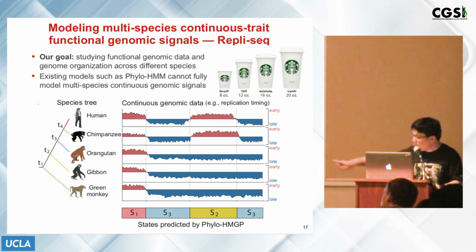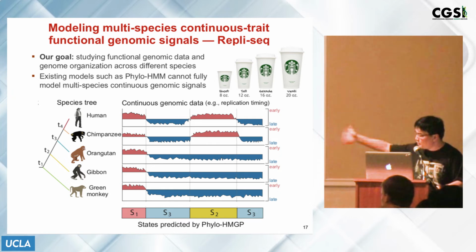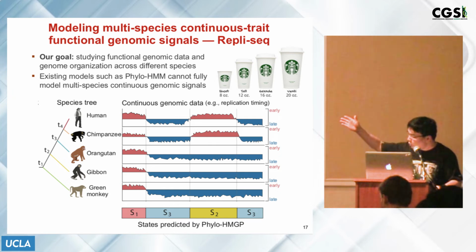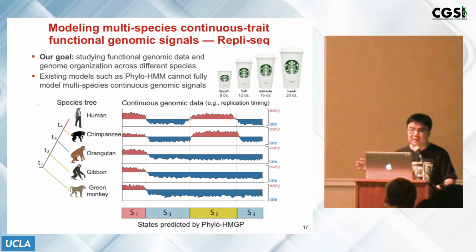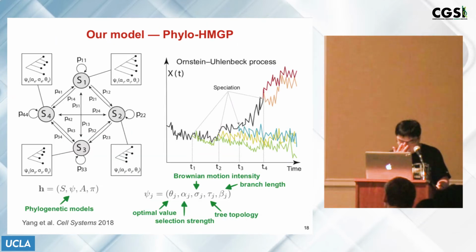So our ultimate goal is to partition the genome into different states, where each partition represents a different evolutionary history of the signals across these 5 different species. The model setup is actually quite simple.